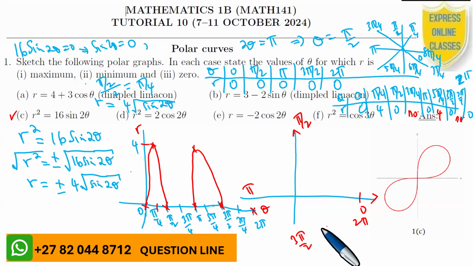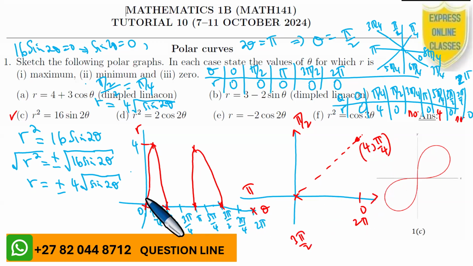Okay, so at 0, you're going to be 0. And then now you move to pi over 4. It's going to be 4. Pi over 4 is like here. So there is a radius for an angle of pi over 4 radians. But what are we seeing?